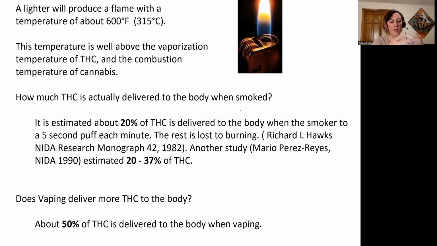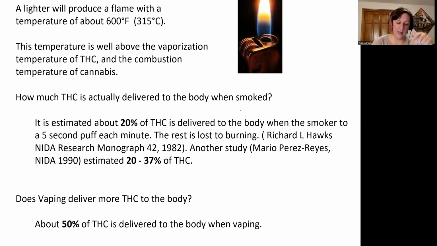So about 20 to 37% of the THC goes from the flower through smoking into your bloodstream. Whereas with vaping, that number goes up to about 50%. These are very rounded, right? It's not exact. So quite a bit more.